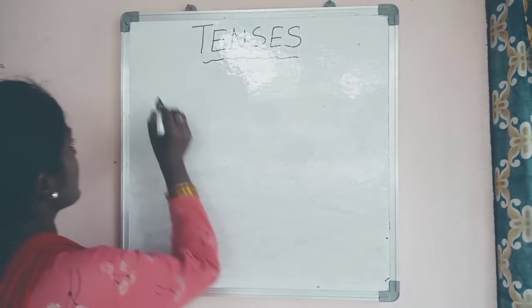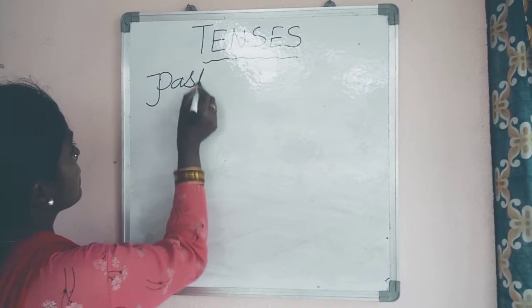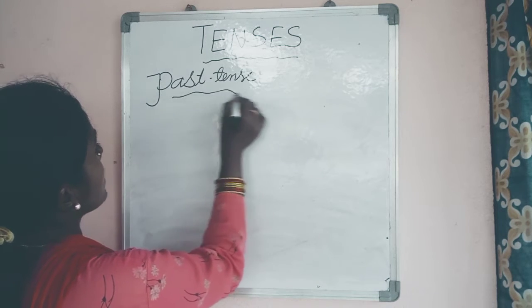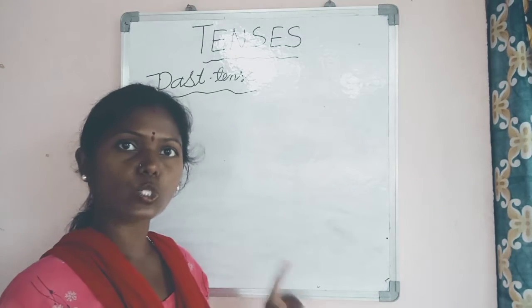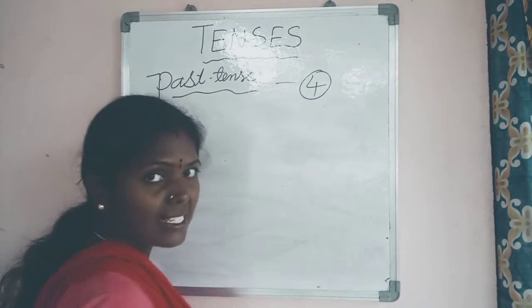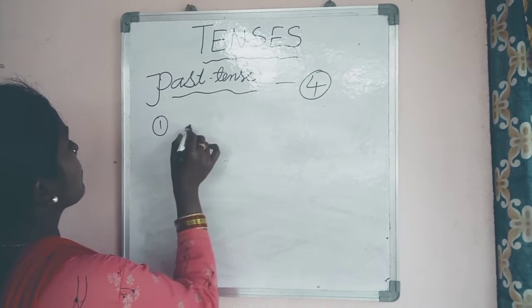See here, past tense. Past tense is also divided into four types, four subtenses. What is the first one?